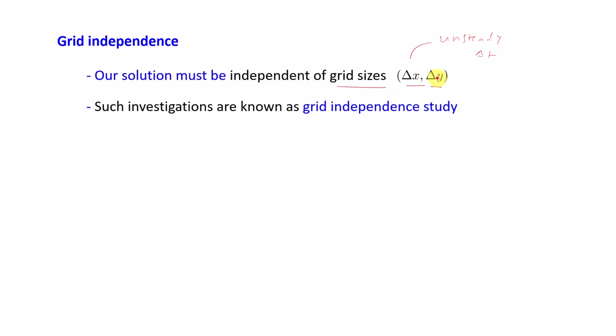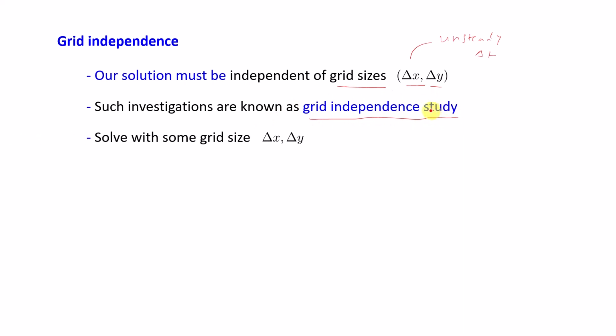They do not appear in the physical problem itself. We have brought them up to make it possible to have a numerical solution. So at the end, our solution should not depend on delta x and delta y. And this is the kind of investigation that we do to make sure that this actually happens. It is something we call grid independent study.